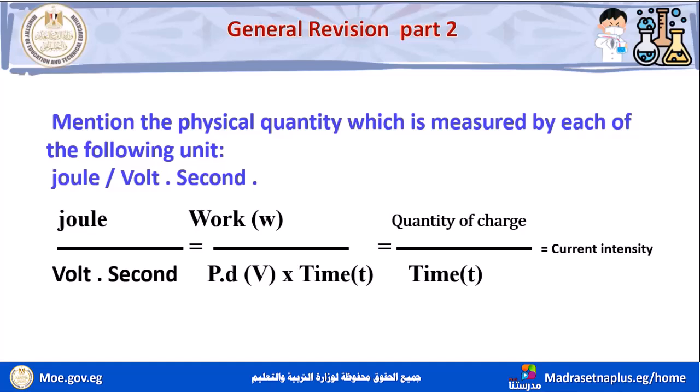Second is the measuring unit of time. Work divided by potential difference, W divided by V, equals quantity of charge. Quantity of charge divided by time equals current intensity. So the physical quantity is current intensity.